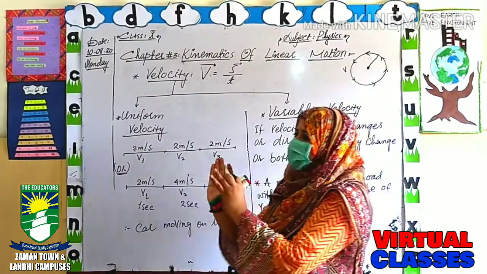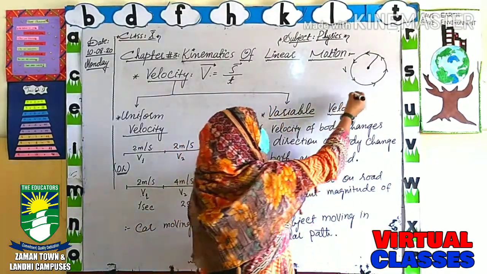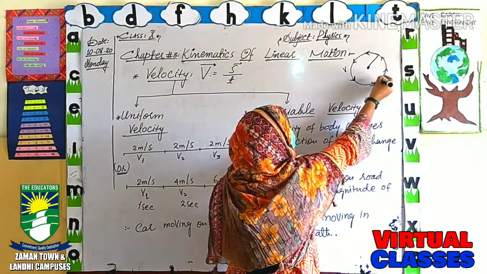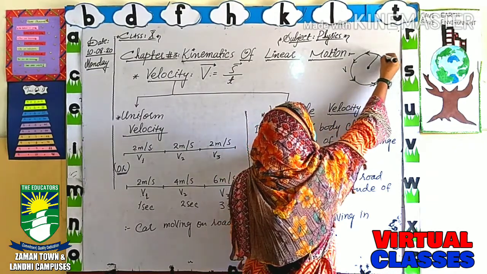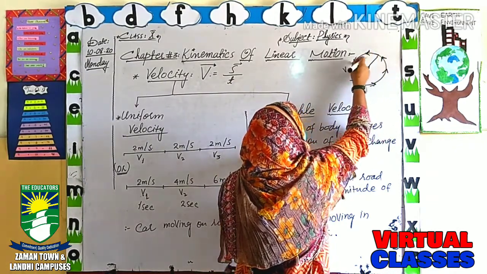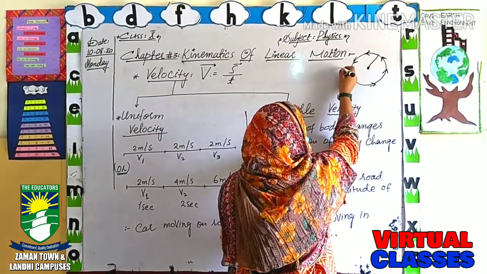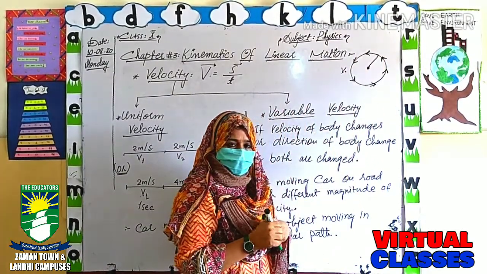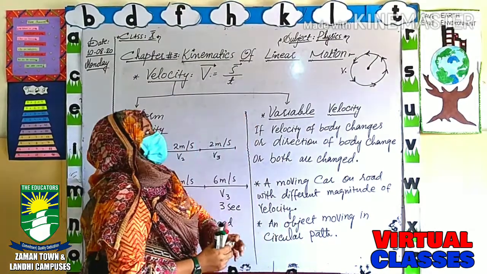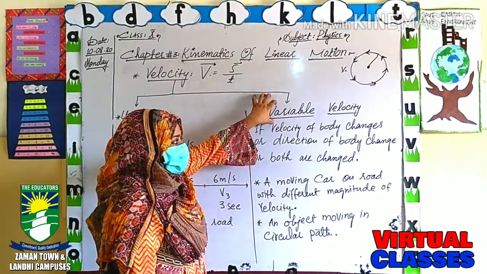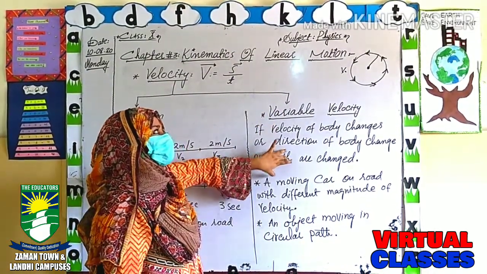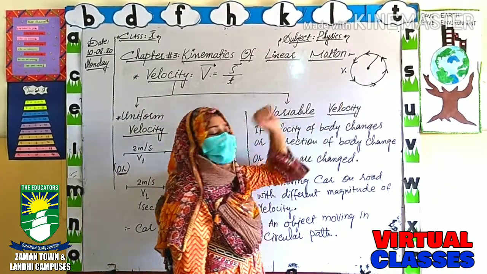Continually, its direction is changing. You can see the arrow head. The arrow shows you the direction of the object is changing, while the speed remains the same. At this time, the velocity of the object moving in the circular path will be considered as variable velocity.